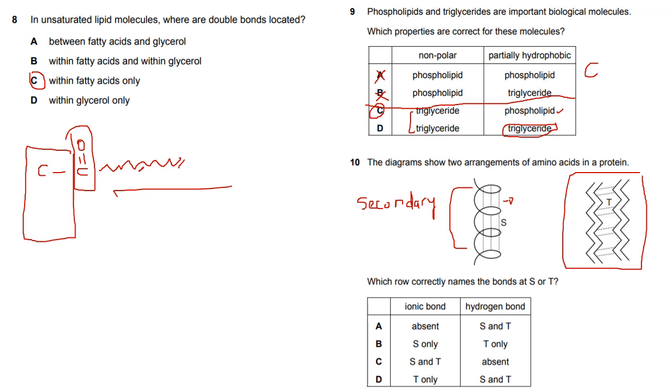They're the only bonds besides the peptide bonds in the secondary structure of a protein. So already we've solved this, because everywhere where it says T only or absent, we know that B and C can't be correct. Ionic bonds do not exist at all, so D can't be correct. A has to be our correct answer. And by the way, guys, you can check these in the mark scheme if you feel like I'm doing them wrong, but I am very sure that these answers are correct.